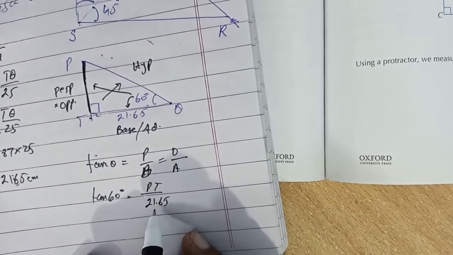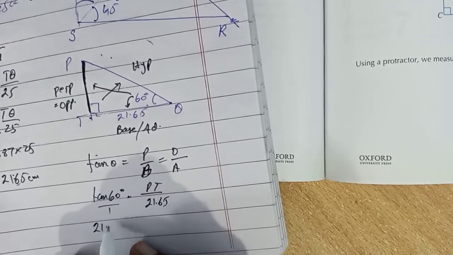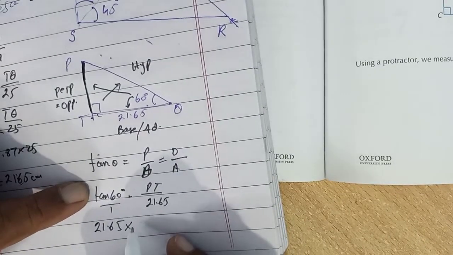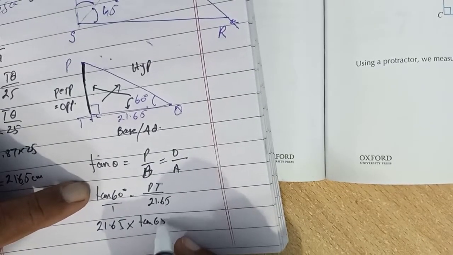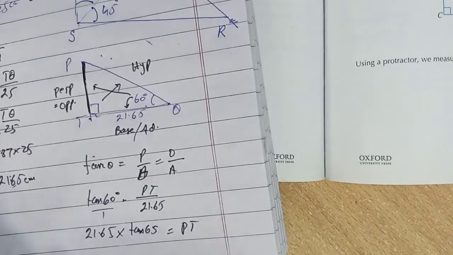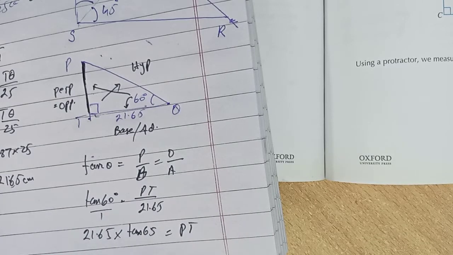Now when you do cross multiplication, 21.65 will be multiplied by tan 60. I will use the calculator and directly find the value of the product. So I write 21.65 multiplied by tan 60.